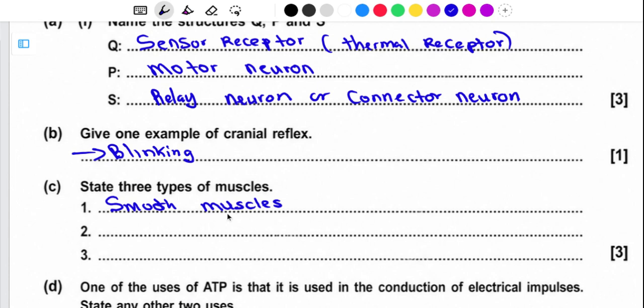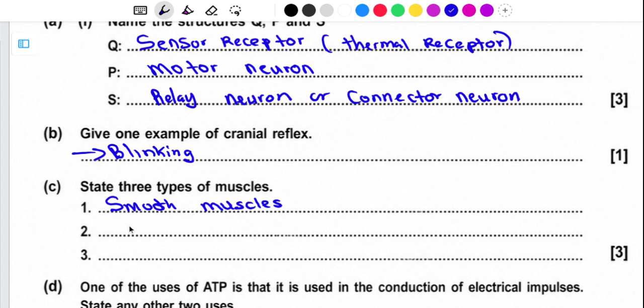For example, they line up the stomach, they line up the blood vessels, they also line up different organs like the heart, even the small intestine, large intestine, all those things, or in short the GI tract.